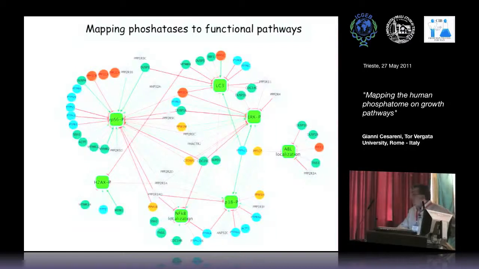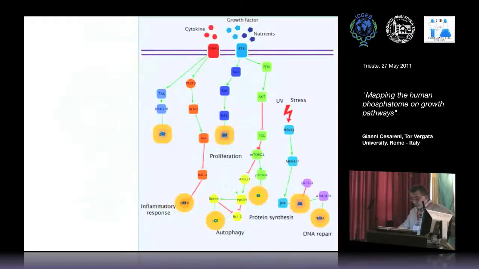But I want to show this representation because I want to stress that many phosphatases do not only affect one phenotype, but many of them affect classes of phenotypes. So either these phosphatases have multiple substrates in the phenotypes that we are considering, or more likely, or together, this representation is too simple.